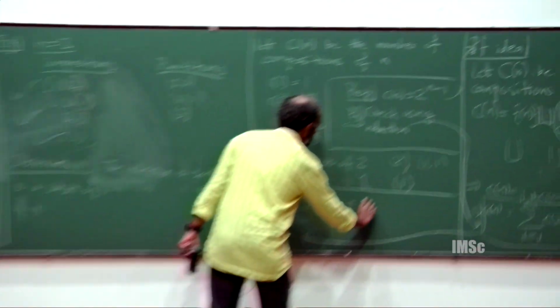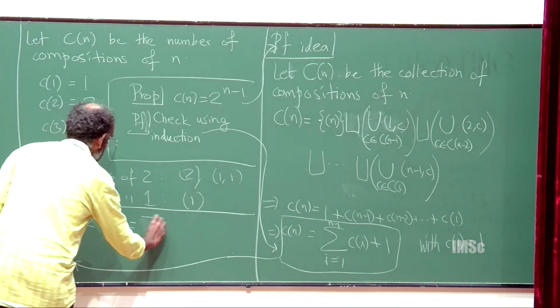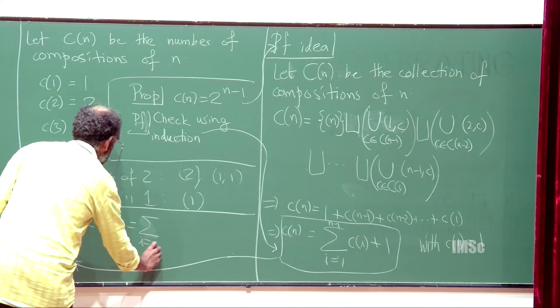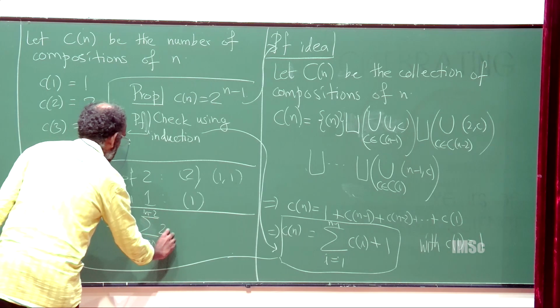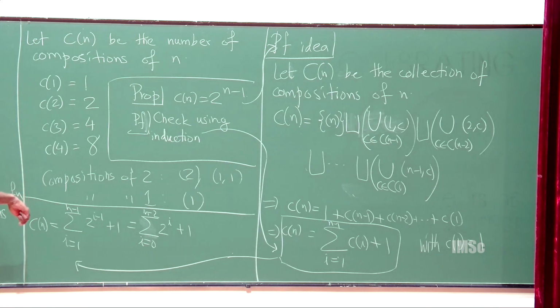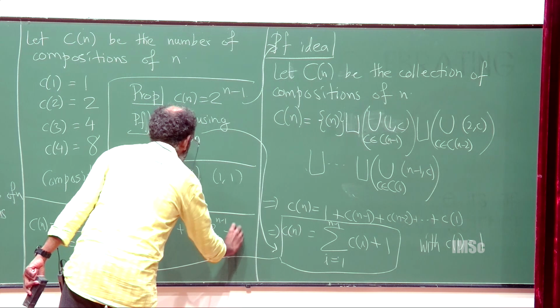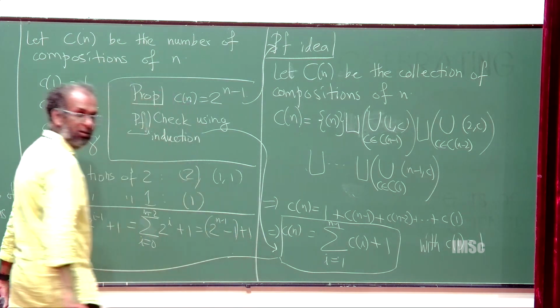When you do this, because there is an i minus 1, maybe I'll do one more step. This is the sum from i equals 0 to n minus 2 of 2 to the i, plus 1. I just shifted the index. And this is 2 to the n minus 1, plus 1.